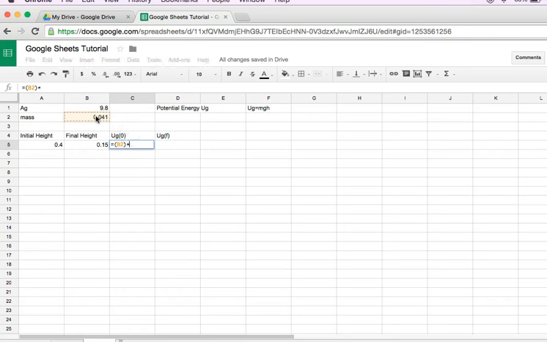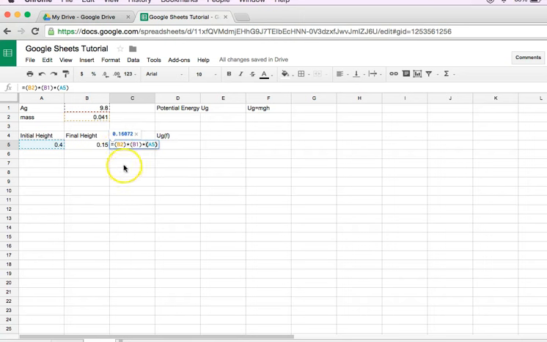I want to multiply that with the star asterisks. Multiply that by gravity, which is also something that I want to be staying the same. And then multiply again by my initial height. Okay, I'm looking at initial potential energy, so I use my initial height, which is A5, end parentheses. Make sure, you guys, that you don't forget your parentheses around here.